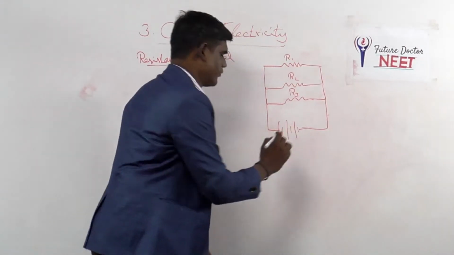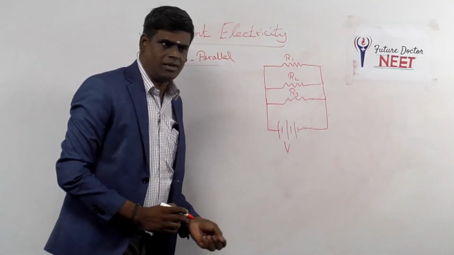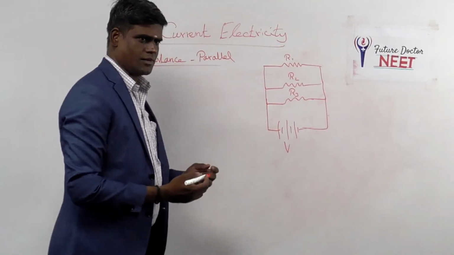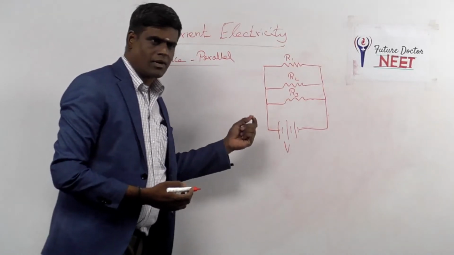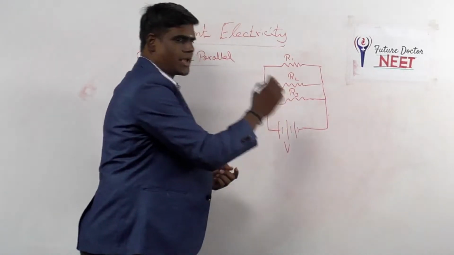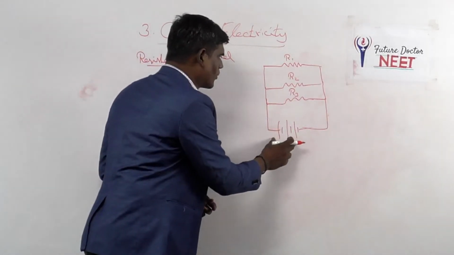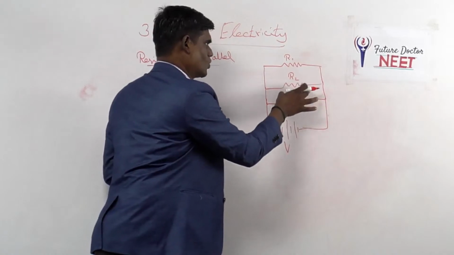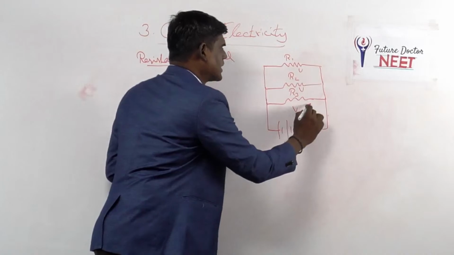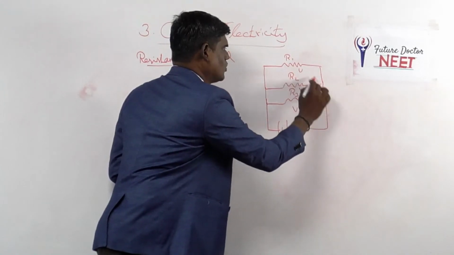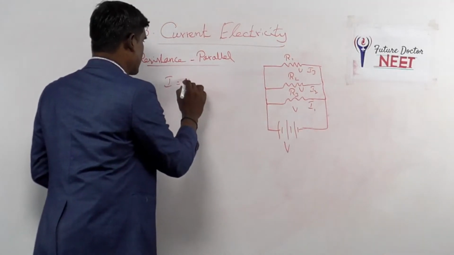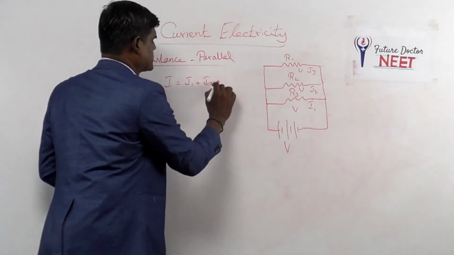Then, if it is connected in parallel, which is constant? In the previous case, current is constant and V is variable. Here, V is constant and current is variable. Suppose here 220 volt, and here also 220 volt, 220 volt. Now V is constant and current is variable: I1, I2, I3. Then I equals I1 plus I2 plus I3.